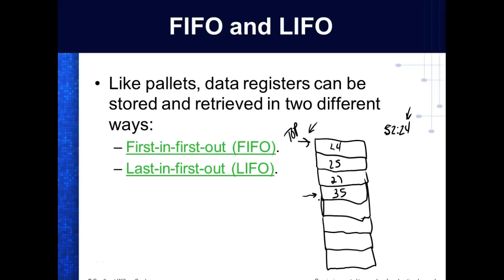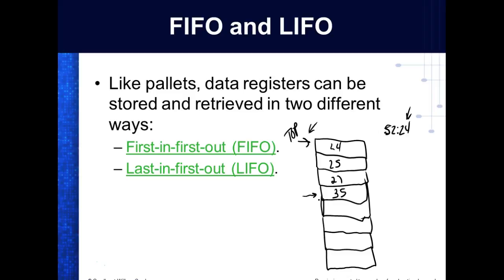If I pulled it off the stack, which one would be the first out? With last in, first out, it would pull 35. If I use first in, first out, then it would pull 24.